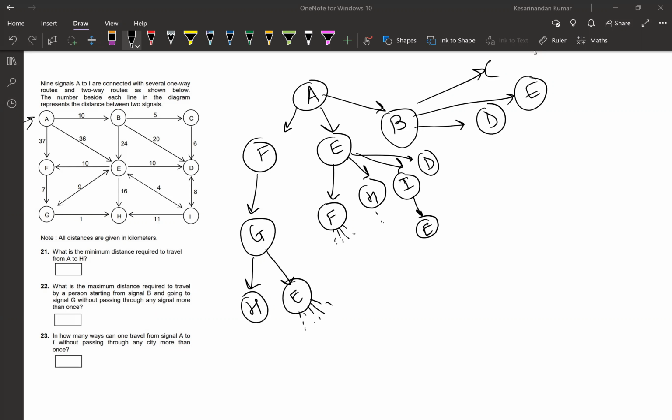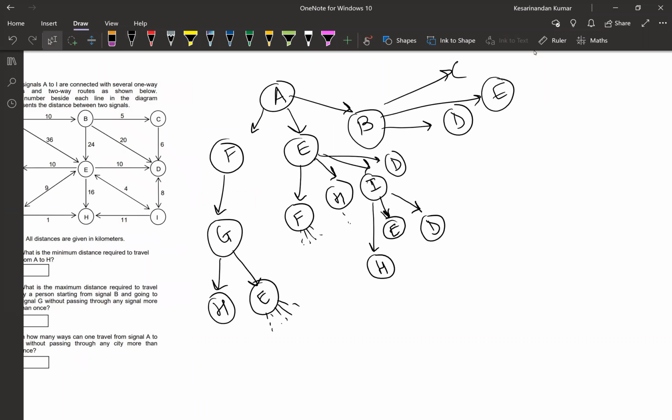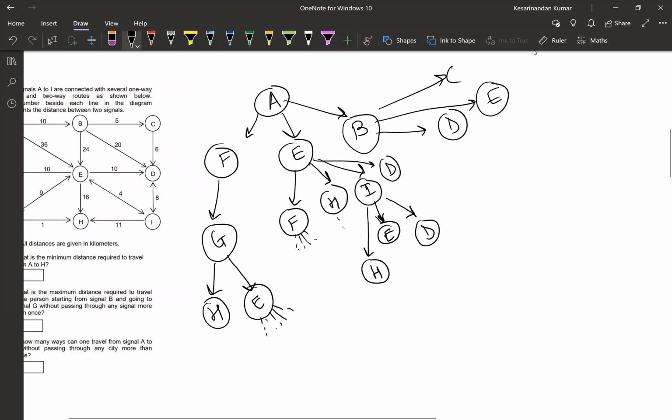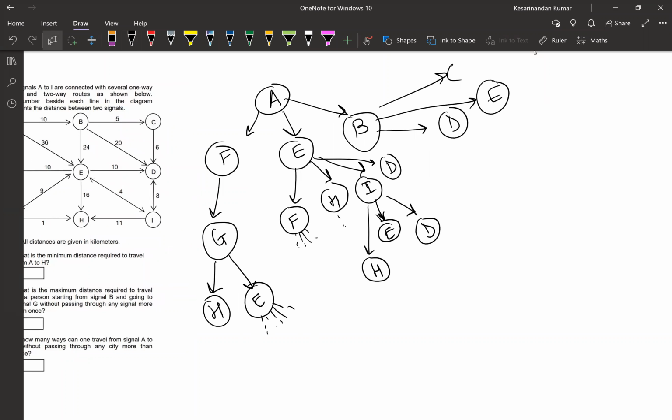We will choose one more because E is important. Now, apart from it, is there any other route? Yes, and that is D. That's it. After D or after H, is there anything possible? No. After H, there is nothing possible. After D, is anywhere possible? It will be the same again. From D, it will be to go to I, and it will be a two-way route.